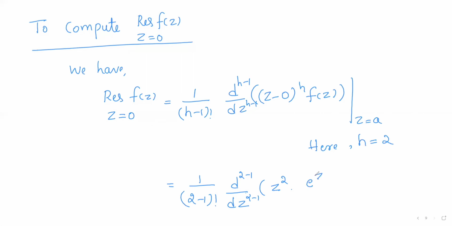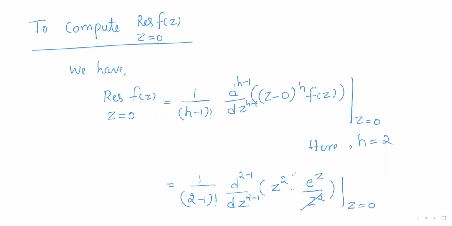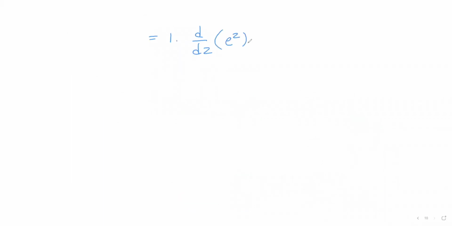f(z) is e^z / z^2, at z = 0. Next, 1/(2-1)! is 1. Differentiation 2-1 times means once. z^2 cancels, so it is just e^z at z = 0. The derivative of e^z is itself, so at z = 0 it is e^0, which is equal to 1.